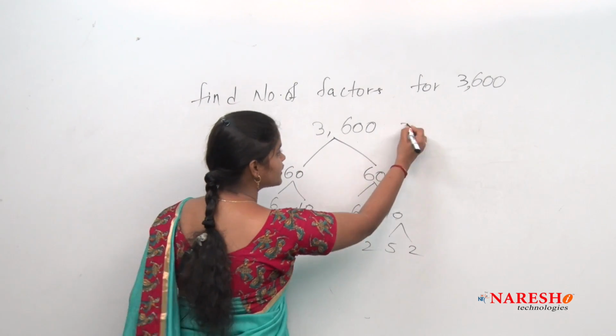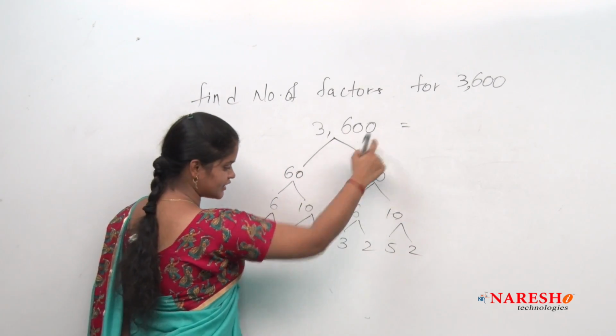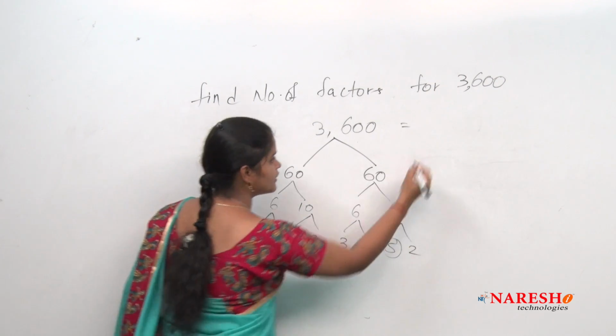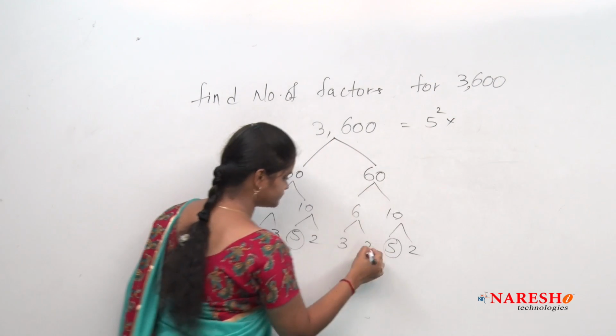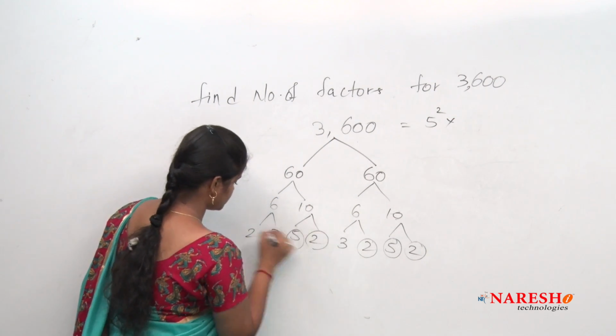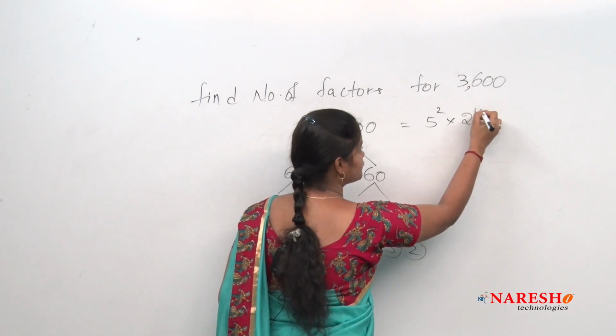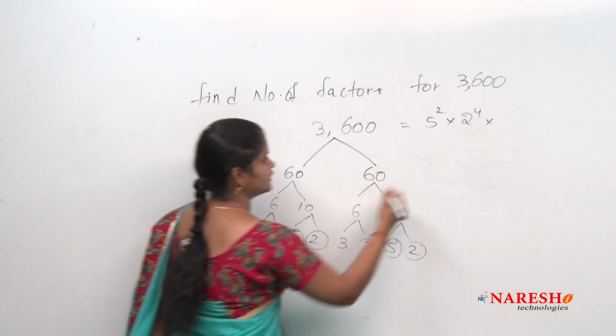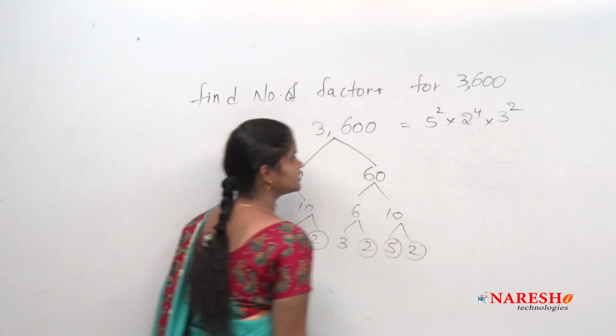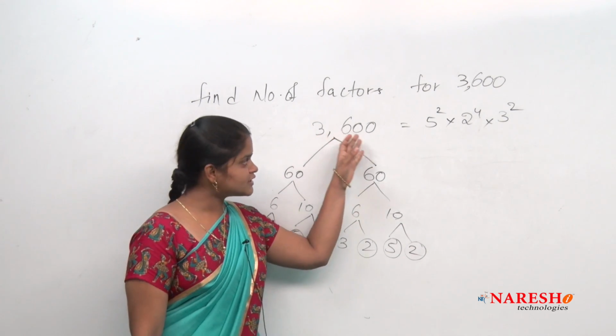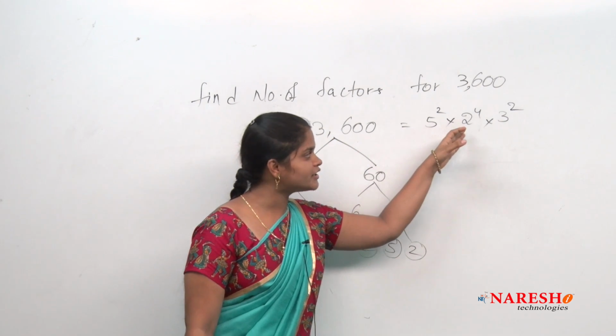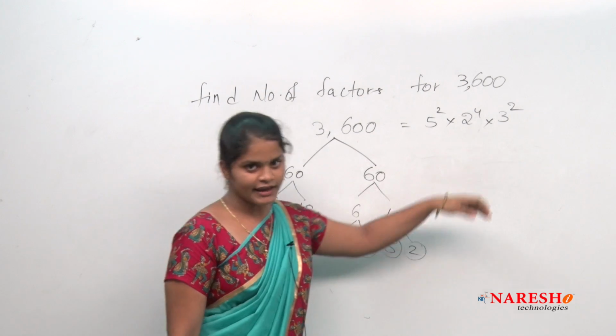Now can I say 3600 is equal to 5 square into 2 to the power of 4 into 3 square? Yes.